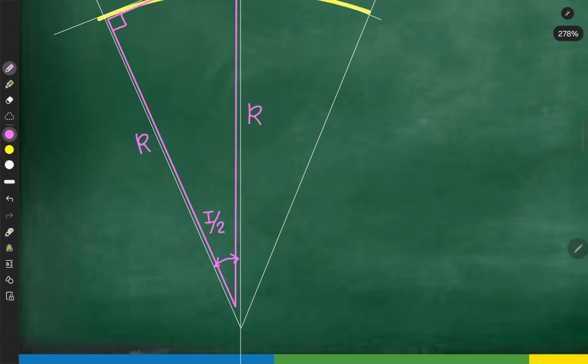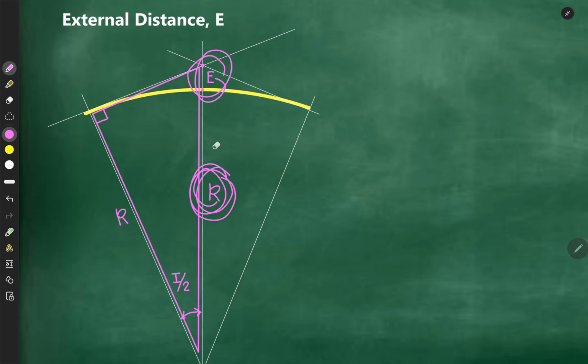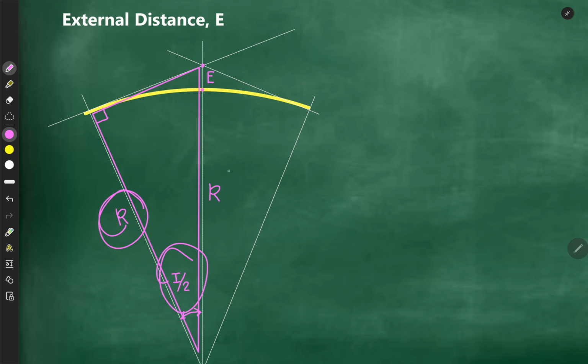So ano na ngayon yung distance ng hypotenuse natin, or yung measurement? Tama ba? That is just the combination of radius and external distance. And yung adjacent natin is yung R. So anong pwede natin gamitin dito? We have angle, adjacent, and hypotenuse, which is R plus E. So that is cosine function.